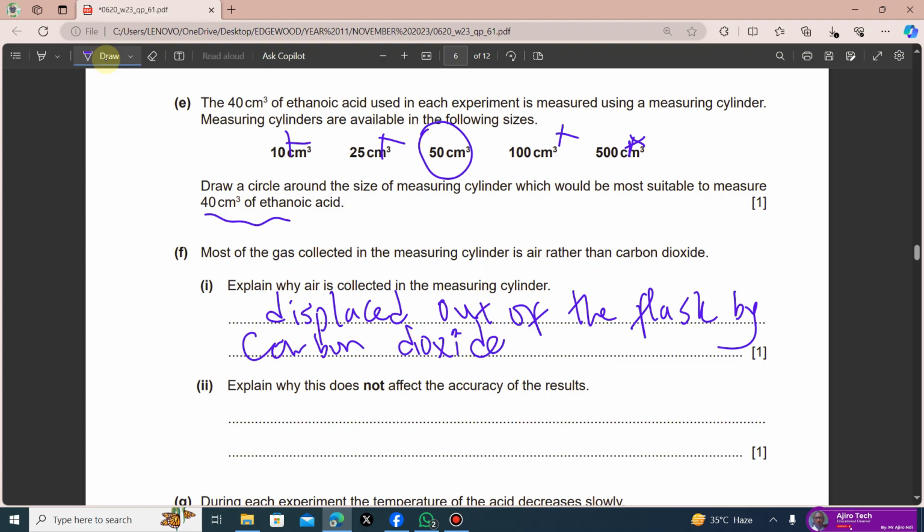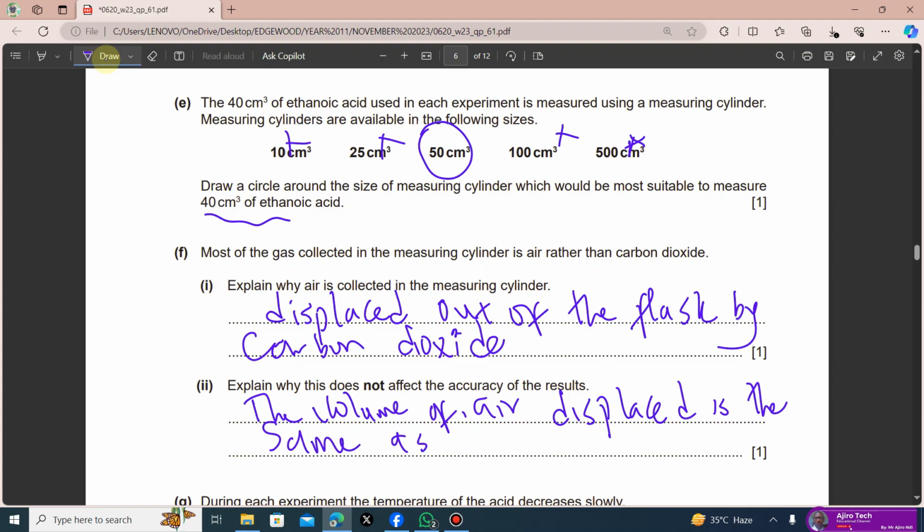All right. So explain why this does not affect the accuracy of the result. It doesn't affect the accuracy of the result because the volume of air displaced is the same as the volume of carbon dioxide. Just like I said earlier, we use the volume of the air displaced to determine the volume of carbon dioxide.